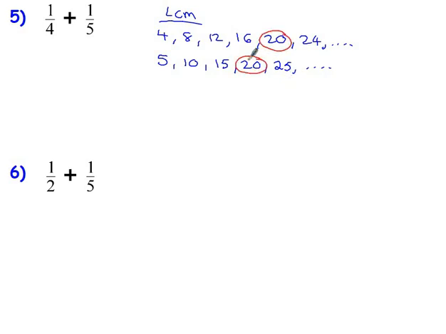So that is our lowest common multiple. So our new denominators will be written over 20.